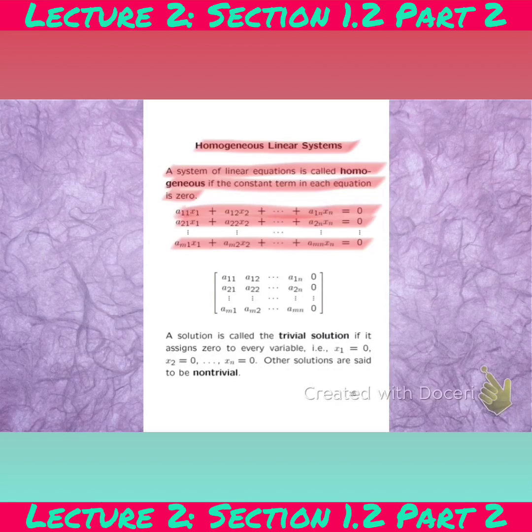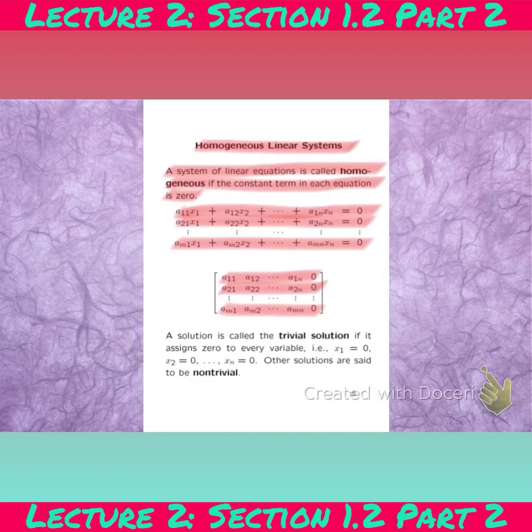Now if you look at the augmented matrix of this homogeneous linear system, the last column will comprise of zeros only. Now, a homogeneous linear system is always consistent because it's got at least one solution, and this solution is the trivial solution.